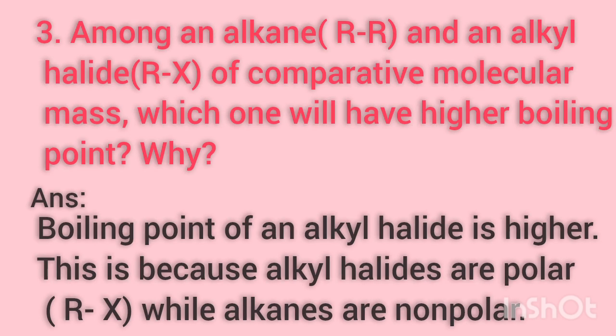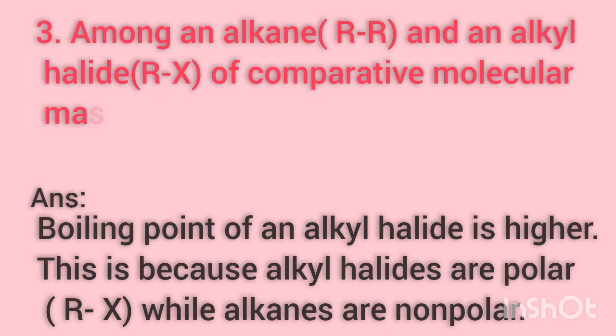Third question. Among an alkane and an alkyl halide of comparable molecular masses, which one will have higher boiling point and why? Answer. Boiling point of an alkyl halide is higher. This is because alkyl halides are polar while alkanes are non-polar.